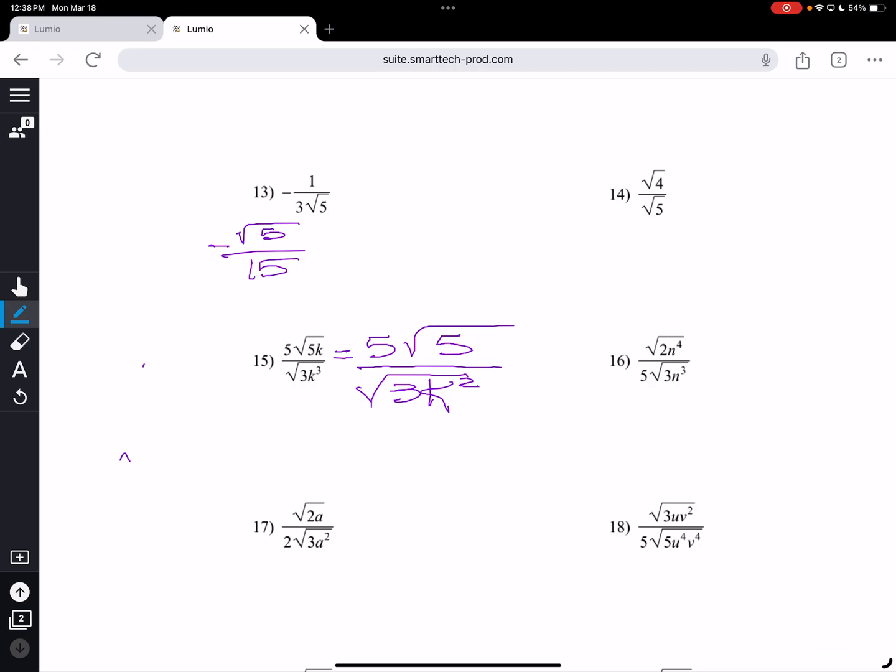Before we do anything else, are you good with how we got where we are? Okay. Can we simplify anything number-wise? And are there any perfect squares? The k squared. Where did the k on the 5 go? This was like having k over k to the third, and this went away, like became a 1, and this became k squared.